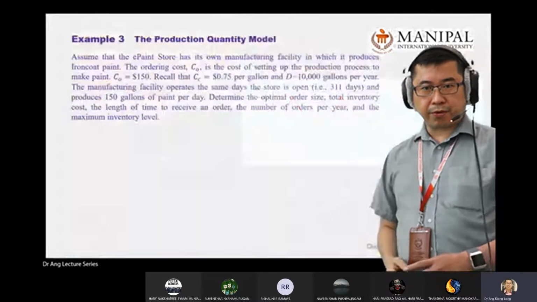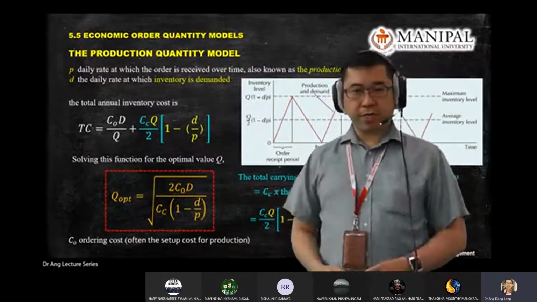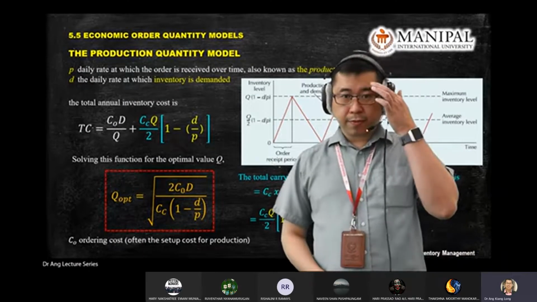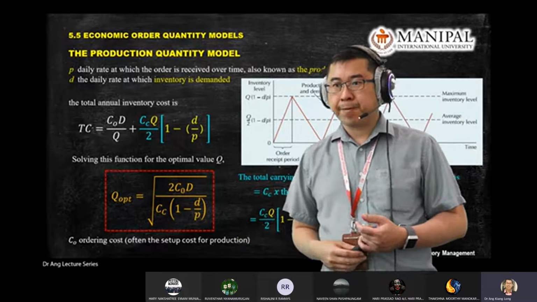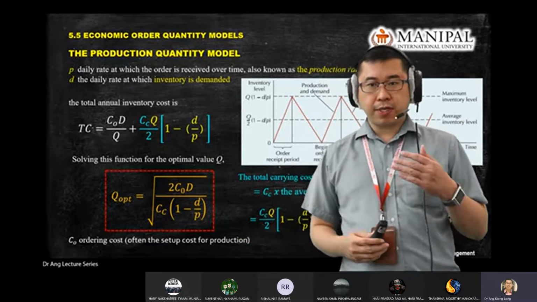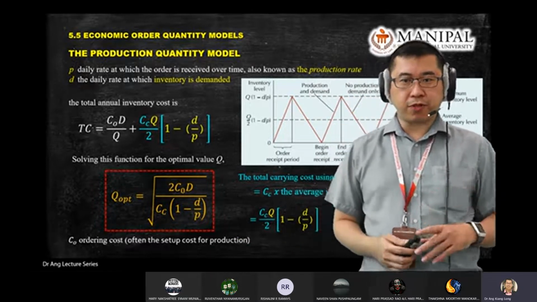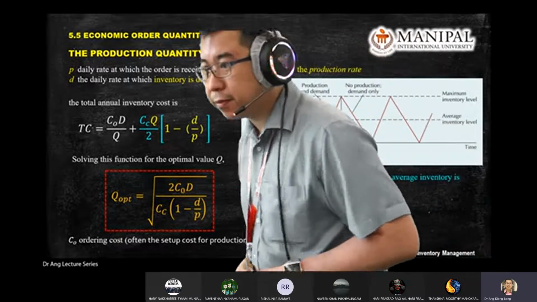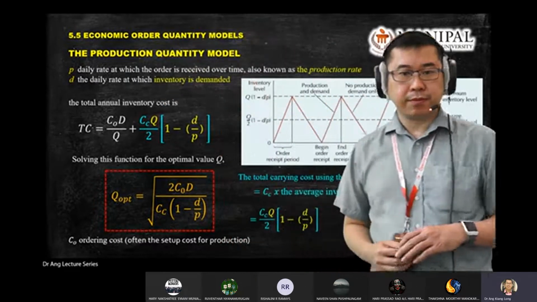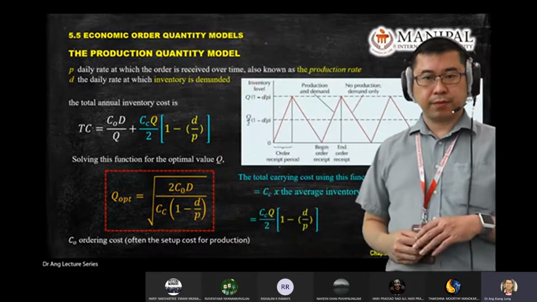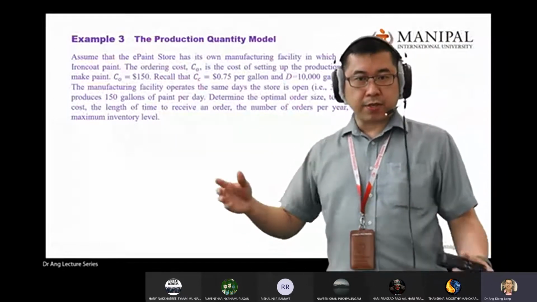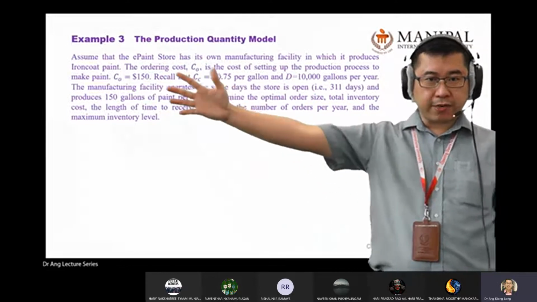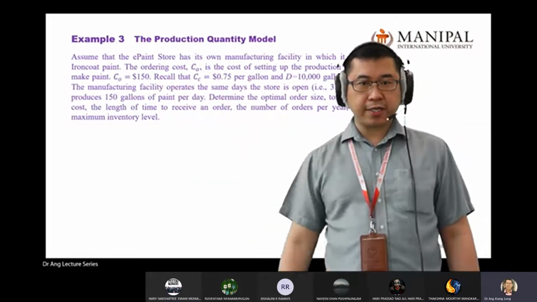Okay, move on. Let's see example 3. Okay, maybe you want to copy this one. We go through one tutorial question, then we go for a short break. Okay, let's look at example 3. So example 3, you're given a lot of information here.